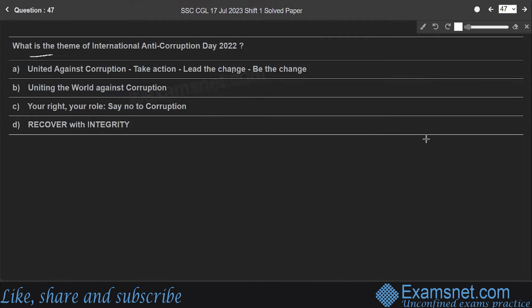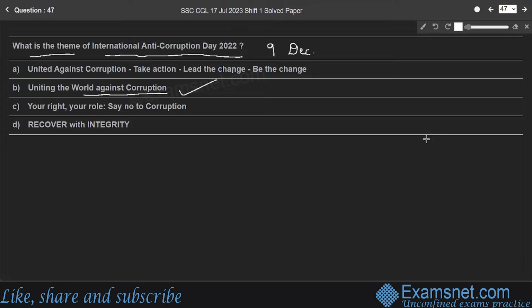Question 47. What is the theme of International Anti-Corruption Day 2022? So the theme of International Anti-Corruption Day 2022 is Uniting the World Against Corruption. Option B is the right answer. The United Nations marks 9th December as International Anti-Corruption Day. The day is observed to raise awareness about corruption and to emphasize the role of the United Nations Convention against Corruption in combating and preventing it.